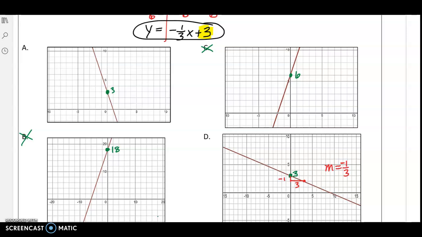On answer choice A, it's going down 3/1. So the slope for this one is -3 divided by 1, which is -3, a whole number. So it is not A. It is definitely D because it has a slope of -1/3 and a y-intercept of 3.